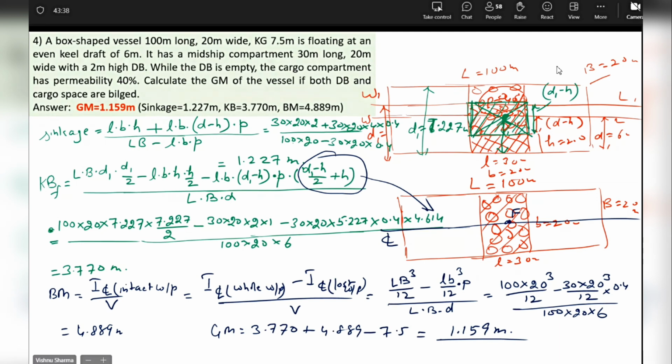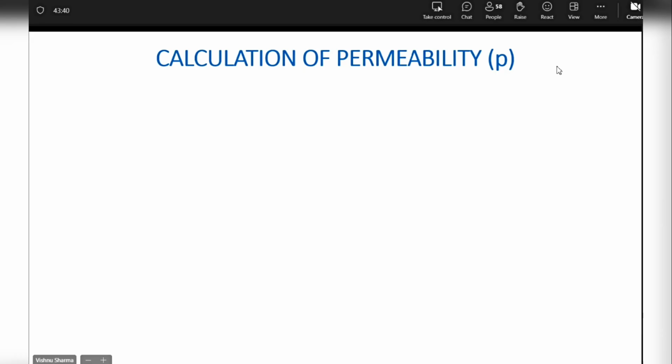Okay, we continue with this and now we come to some more things which probably were not covered yesterday. Now, in some of your MMD questions, the permeability which was given yesterday as 80% or 40% or whatever, is not given directly as permeability. What you are actually given is the RD of the cargo and the stowage factor of the cargo.